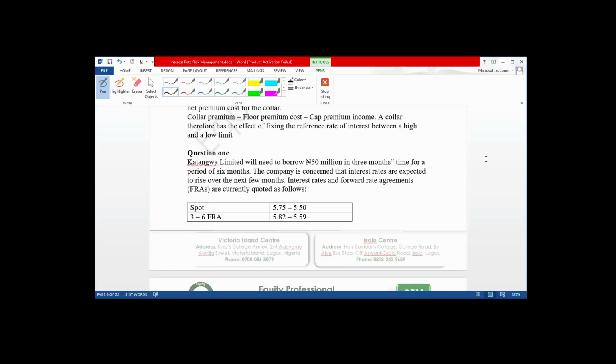The company is concerned that interest rates are expected to rise over the next few months. Interest rate and forward rate agreement are currently quoted as follows. You have the spot, you have 3 to 6 francs, you have 3 to 9 francs.